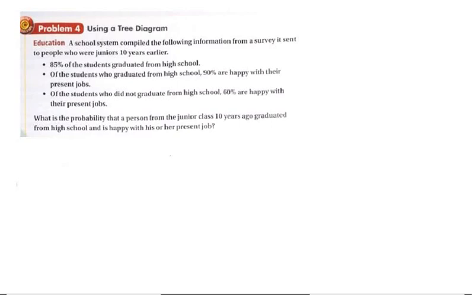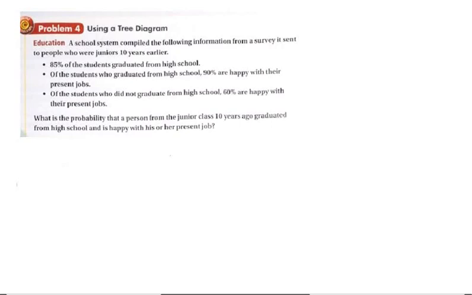Problem 4. In this problem, we will learn how to use a tree diagram to find the conditional probability. A school system compiled the following information from a survey it sent to people who were juniors 10 years earlier. 85% of the students graduated from high school.